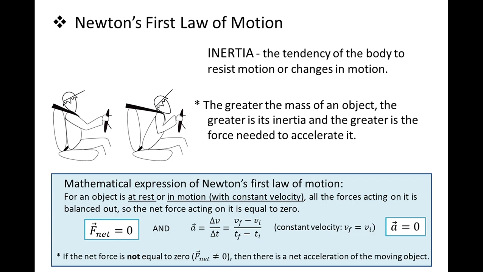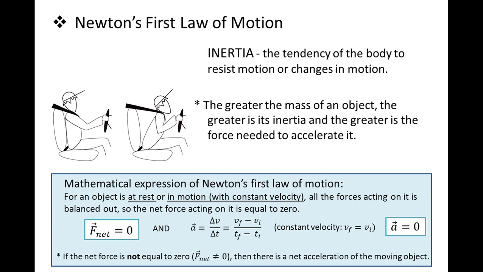So the net force acting on it is equal to zero, or F net equals zero. Next, if the object is moving at constant velocity, then the net force acting on that object is equal to zero, which consequently means that the acceleration of this object in that direction is zero.